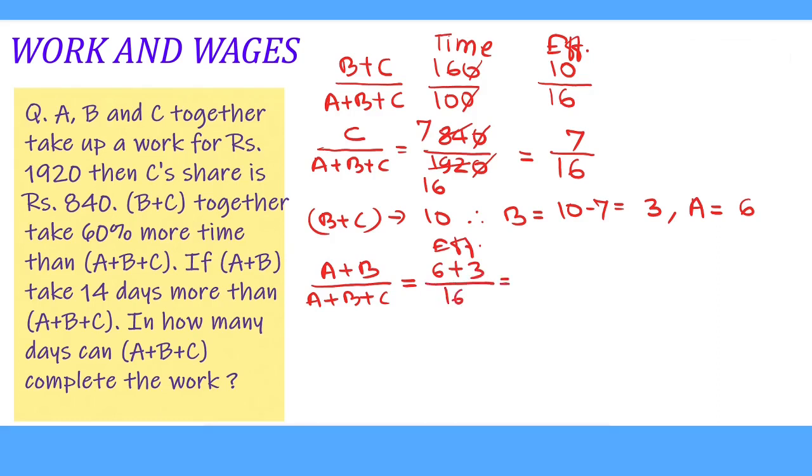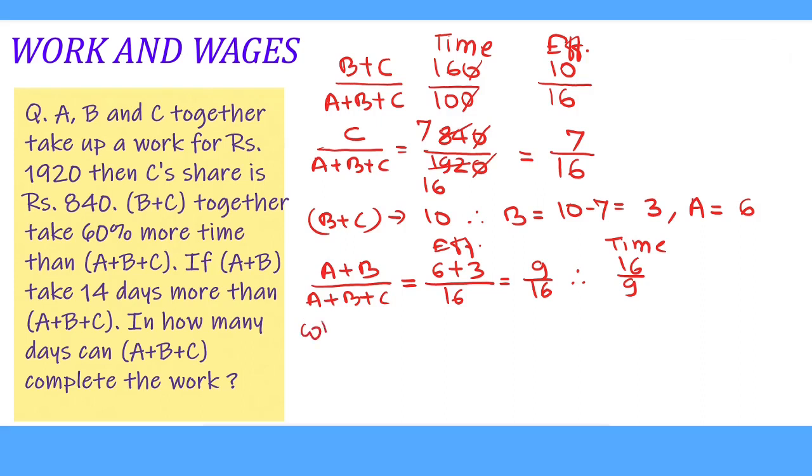This is equal to 9 upon 16. Therefore, their time ratio is 16 upon 9, because the reciprocal of efficiency is the ratio of their time. So the efficiency ratio is 9 upon 16, the time ratio will be 16 upon 9, and the difference between 16 and 9 is 7.